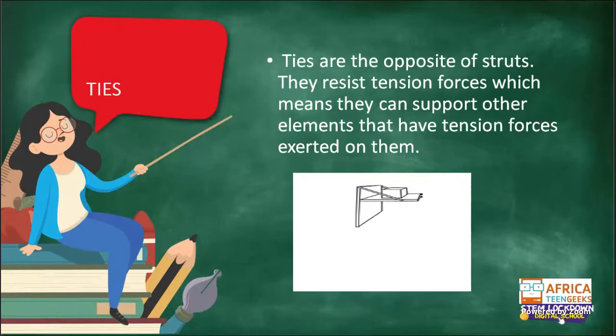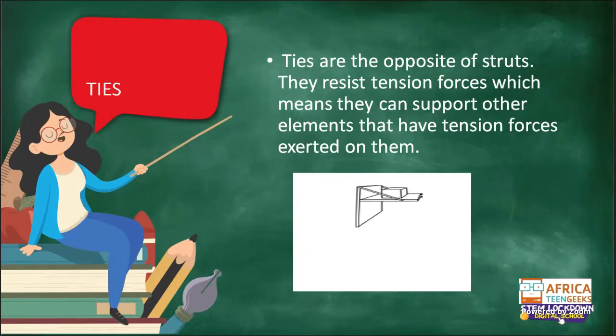We have got another one called ties. Ties are the opposite of struts. Now let's try to just review the previous diagram. You could see that there was a diagonal object at the bottom, but this time around it is at the top. So ties are the opposite of what? Struts.